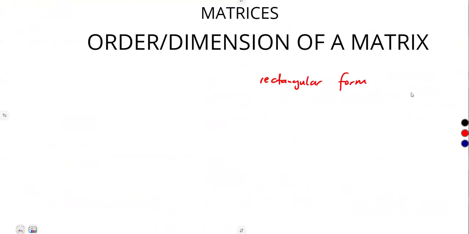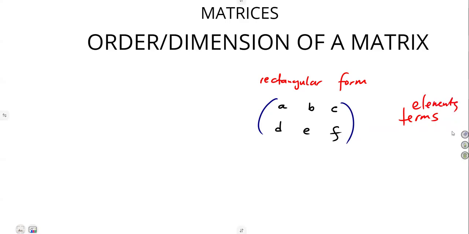That rectangular form is given in a bracket form like this, where you are going to consider the elements or the numbers inside here as rows and columns. Let's say we are given A, B, C, D, E, F like this. These elements, the terms, the letters or the numbers inside, I'm just going to refer to as terms, elements, or just any part.